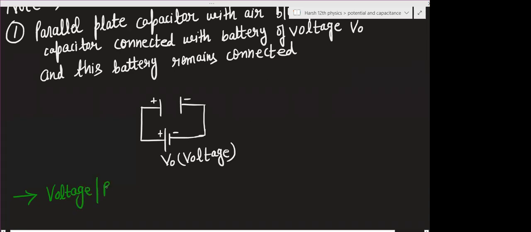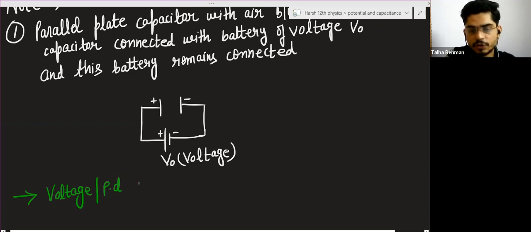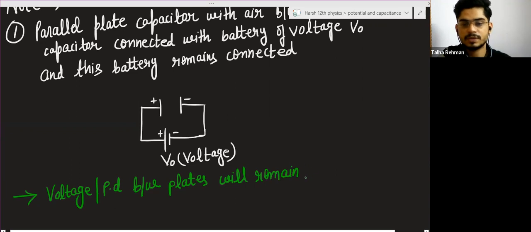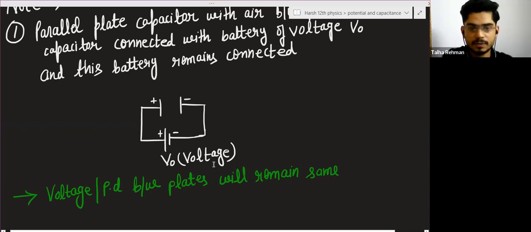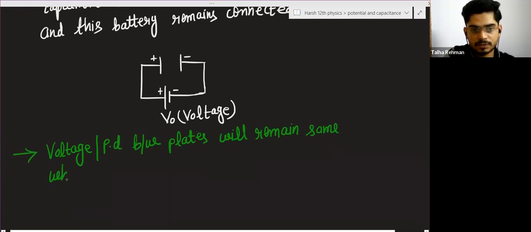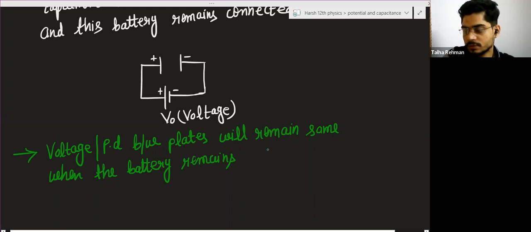Voltage, or you can say potential difference, PD, I am writing in short form, between plates will remain same when the battery remains connected.